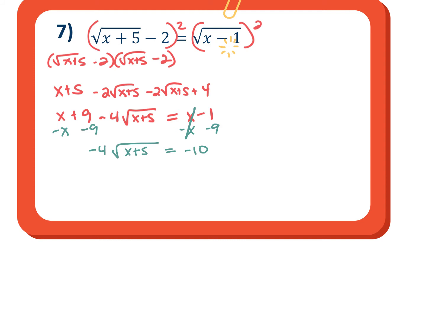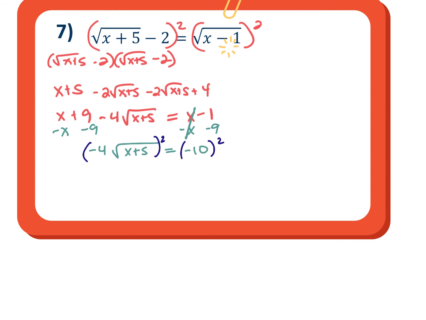So the x's are gone. Now I can again divide by negative 4. I would just have a fraction on the right-hand side, but you can do that. Or you can square both sides. You just have to remember to square the negative 4.